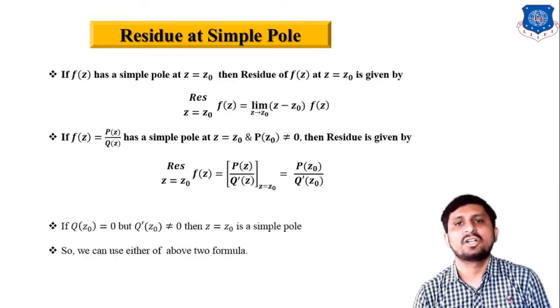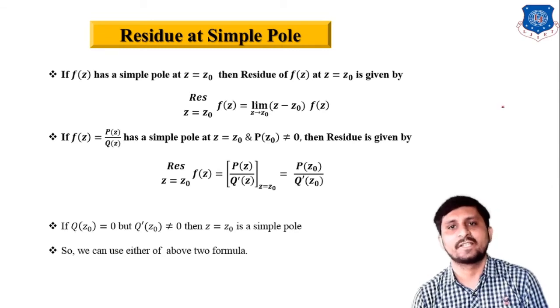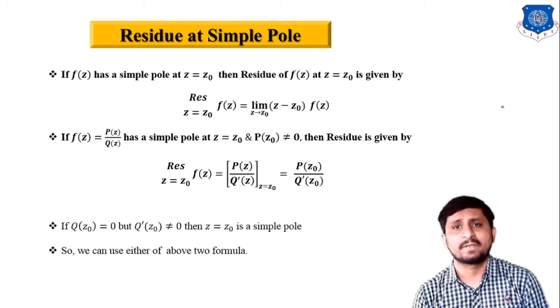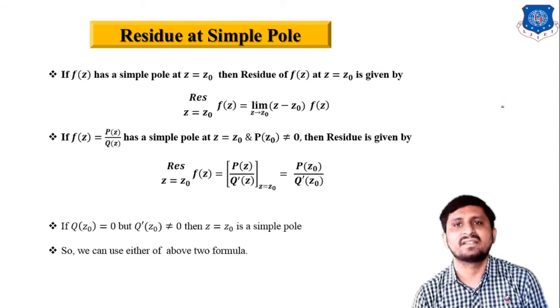Now suppose we want to find only the residue of any function f of z, because as I told you, every time it's not easy to express a function in series form. If you can express a function in series form, then from that Laurent series or Taylor series you can easily find the residue, because residue is nothing but the coefficient of 1 upon z minus z0.